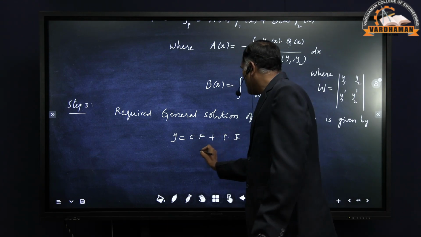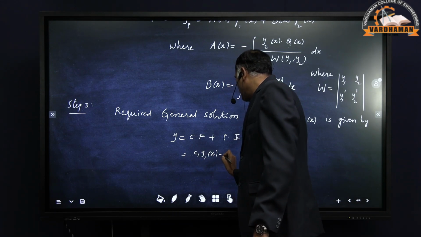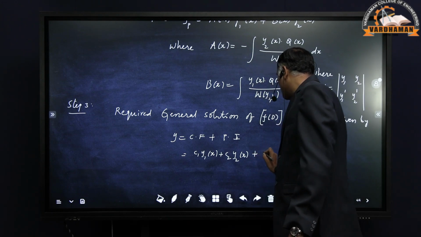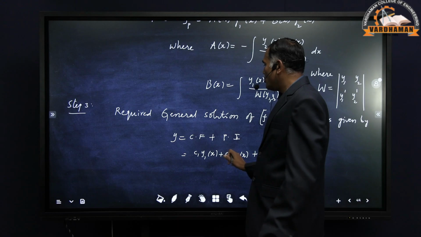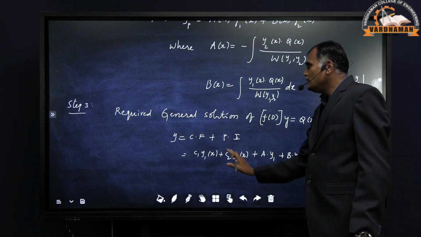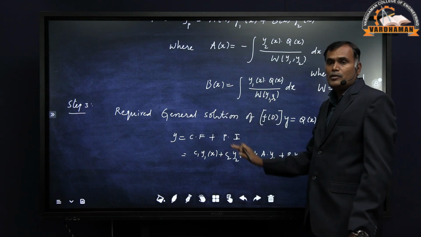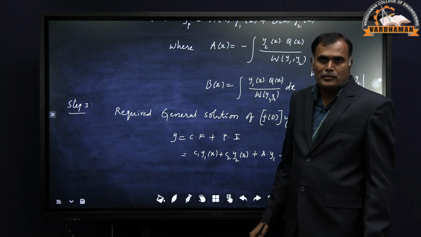Already we have written the complementary function, and the particular integral is given by this one. Here c1 and c2 are arbitrary constants, and a and b are given by these two formulas. Now this is the required solution of the given problem. This method is known as the method of variation of parameters.